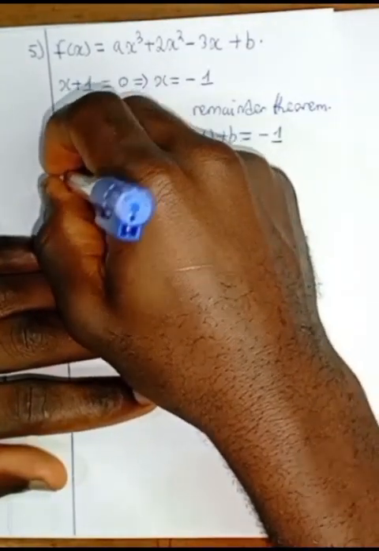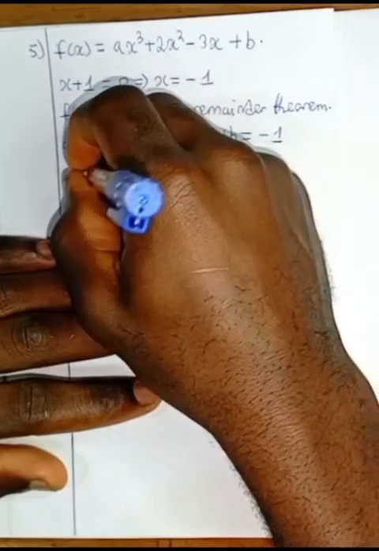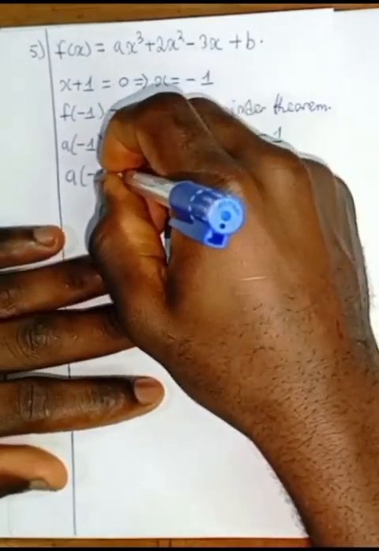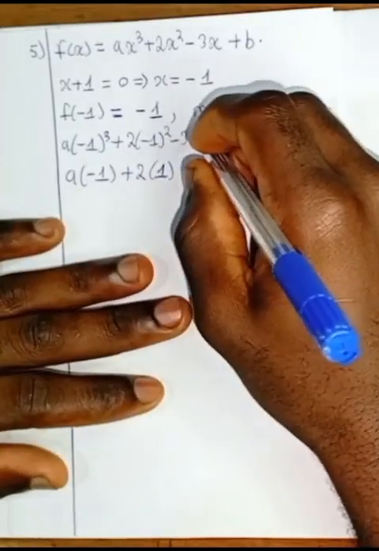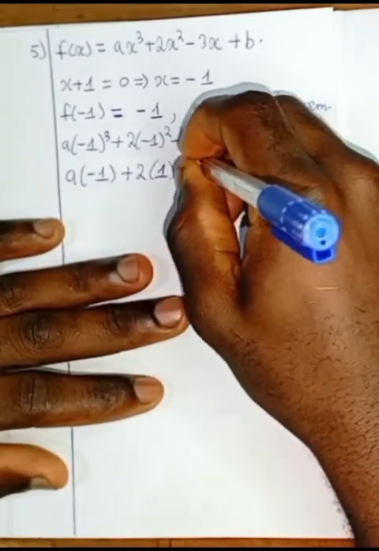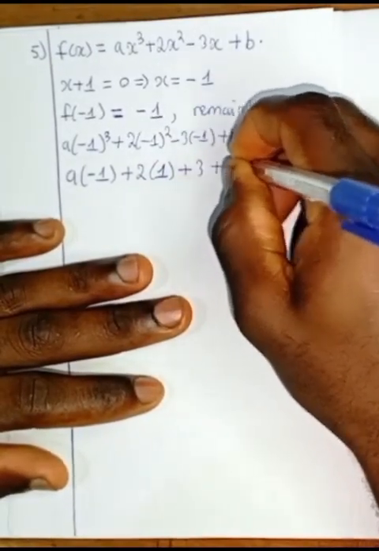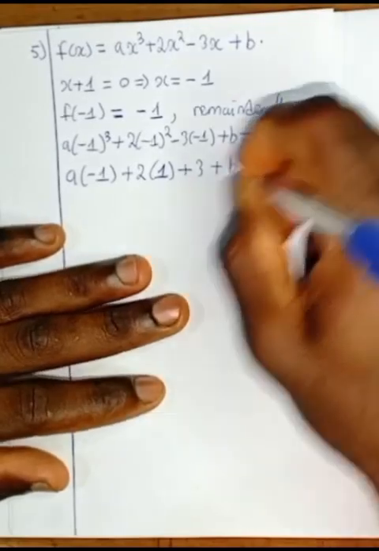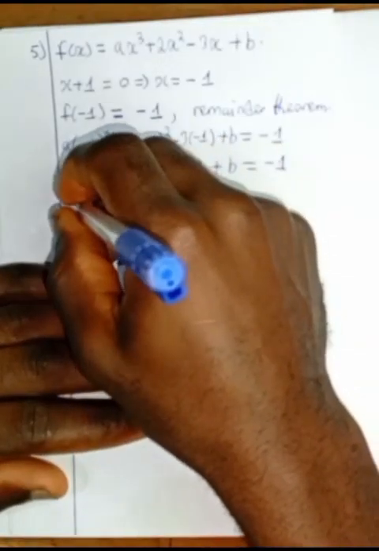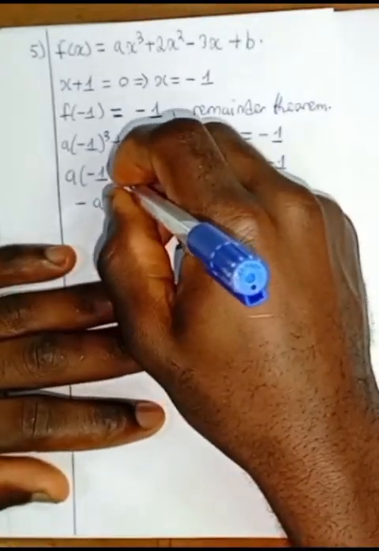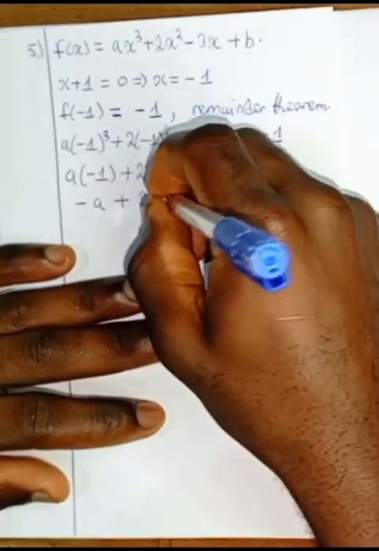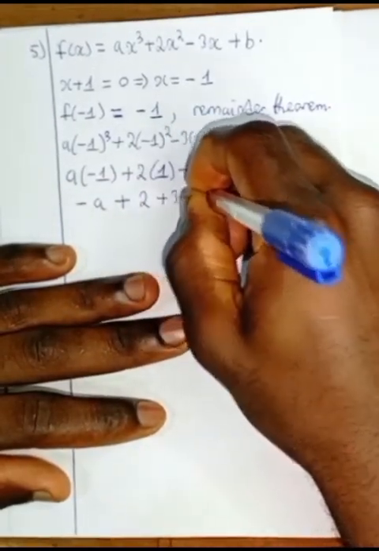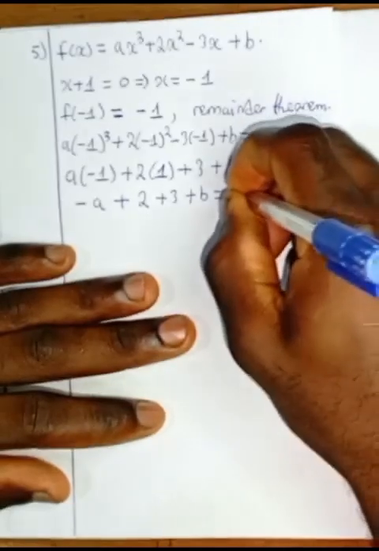This will give us a times, -1 cubed gives -1, plus 2 times -1 squared gives 1, -3 times -1 gives us +3, plus b is equal to -1. A times -1 gives us -a plus 2 times 1 gives 2, plus 3, plus b is equal to -1.